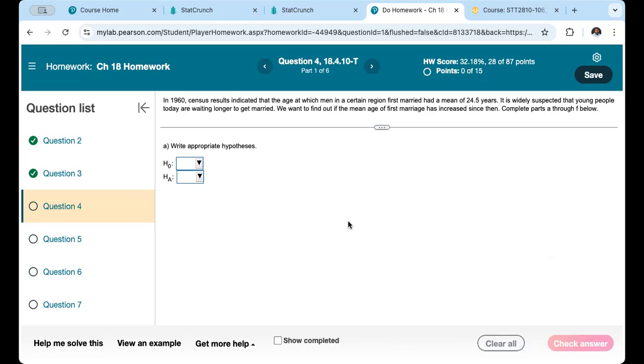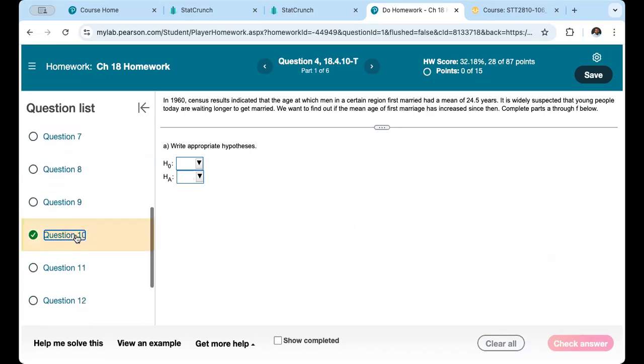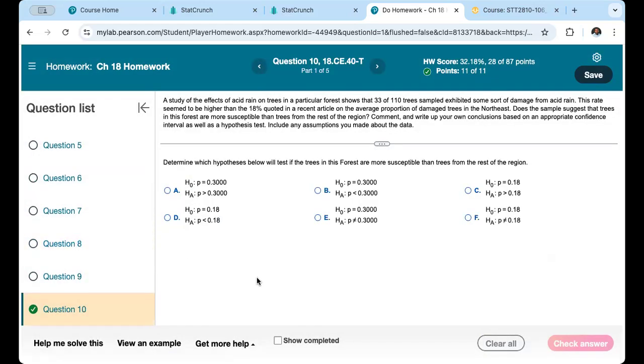Now let's get to question 10. So when you look at question 10, what do you think is the hypothesis?